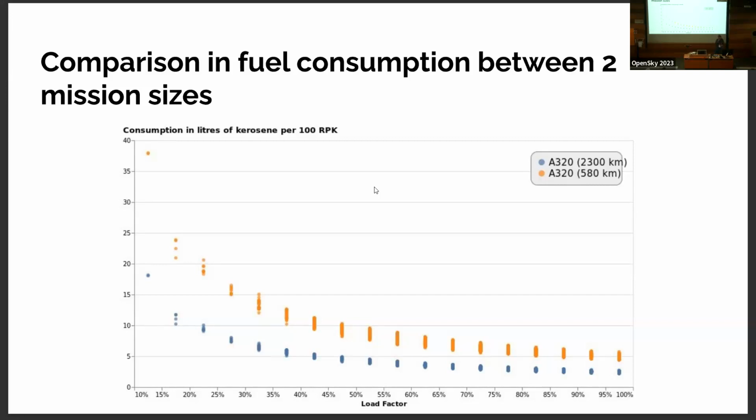So that can tell us that obviously, when you are doing a longer flight, per person for 100 kilometers, you consume a little bit less. So those results can also be added. We have other small results like that that I didn't show today because of lack of time.